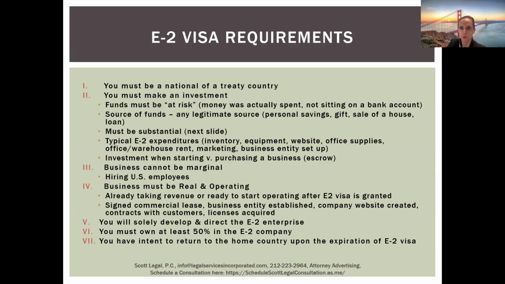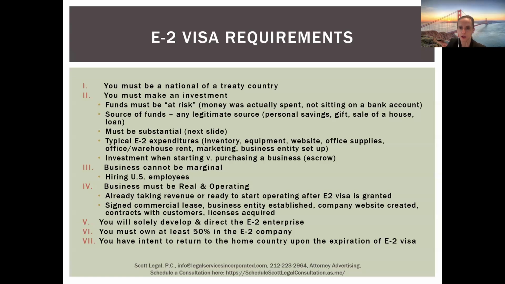In case you purchase an already existing business, you would be submitting evidence such as the company's most recent tax returns, the current profit and loss statement, balance sheet, the W-2s and payroll, bank statements showing incoming payments from clients, website and contracts, showing that the business is already running, generating revenue, and paying employees.